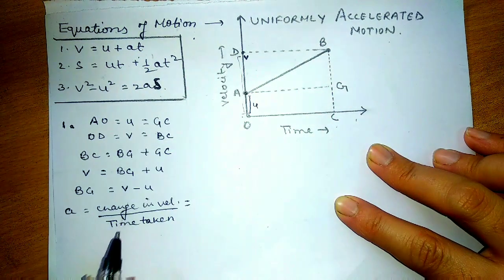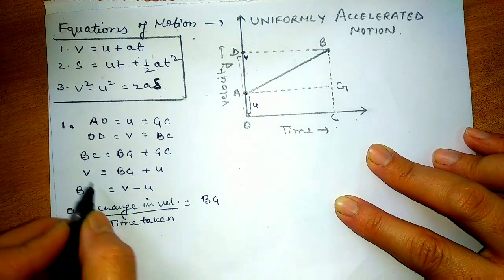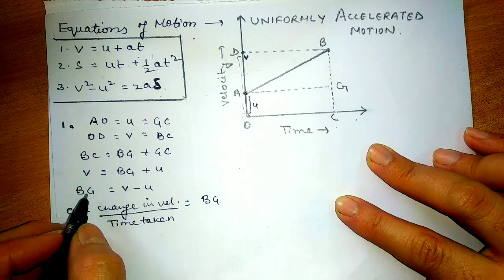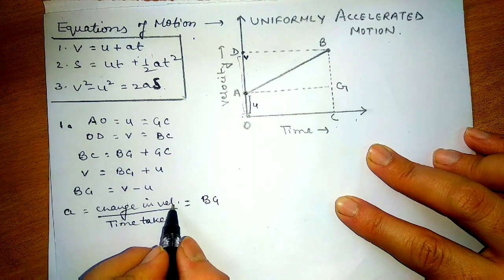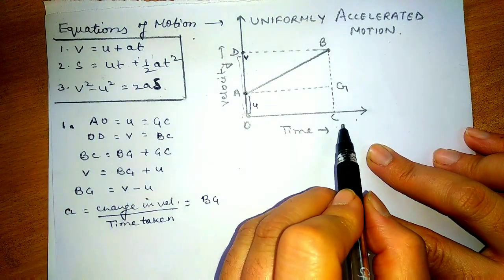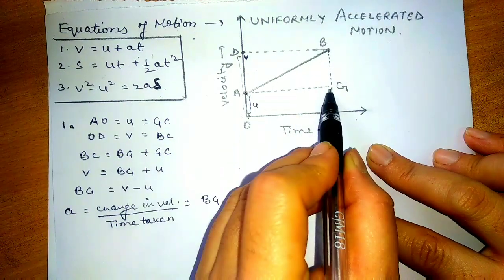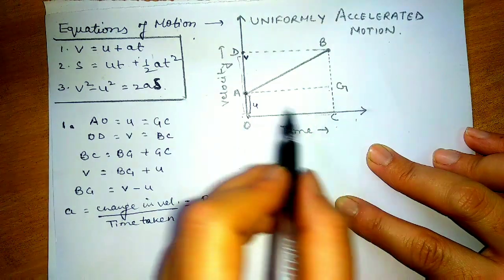So DA and BG are the same. I can write change in velocity as BG. So BG is equal to change in velocity, final minus initial, divided by time taken. So time taken by an object is OC or AG, one and the same thing.